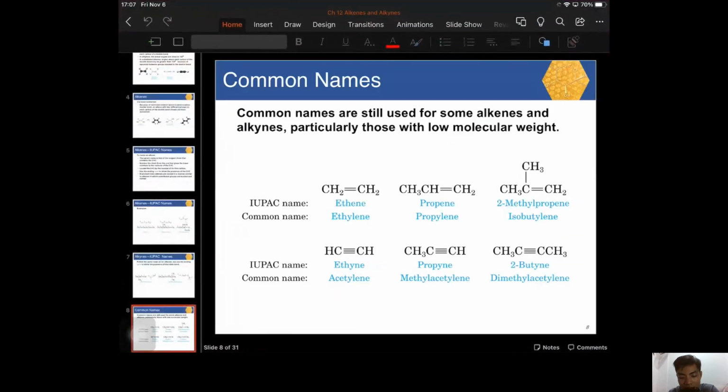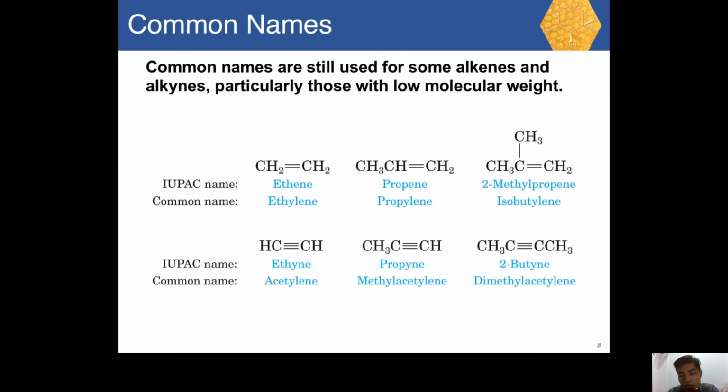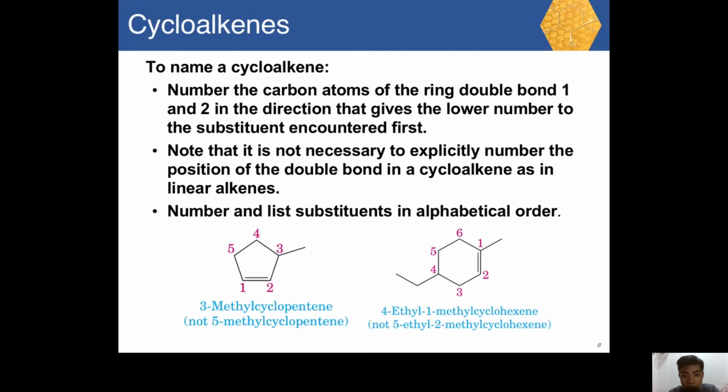So, just use the same principle as your alkanes. No? And may munting modification lang na kailangan mo i-prioritize yung double bonds muna. No? Okay. So, now, let's proceed with the cycloalkenes.